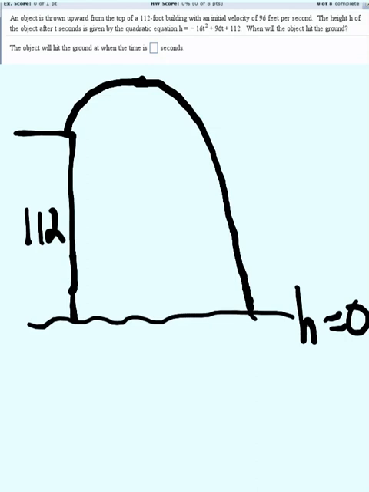So we're given this formula, h equals a negative 16t squared plus 96t plus 112.